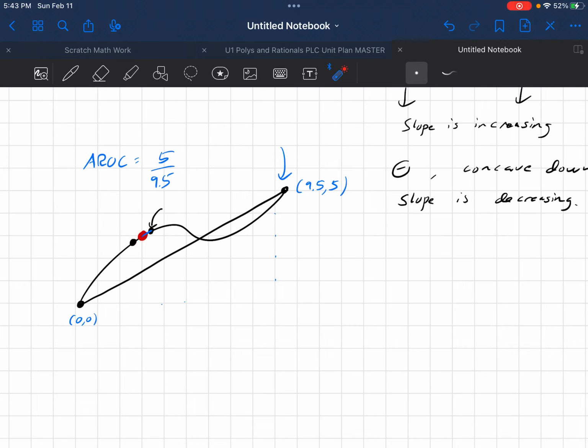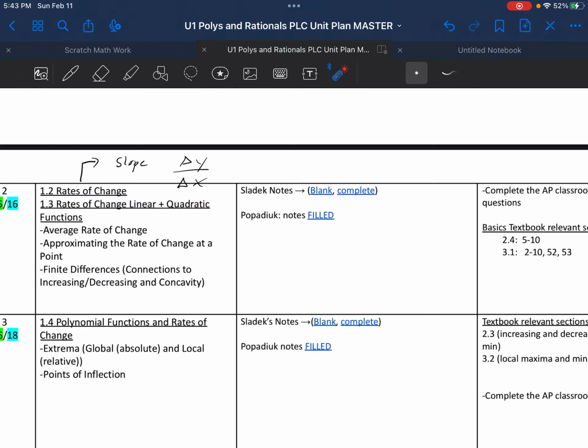Sometimes we can take the right point minus the left point and compute those differences. But for now, that's how we can estimate the rate of change at a single point: we pick points that are really close to it and compute the average rate of change.